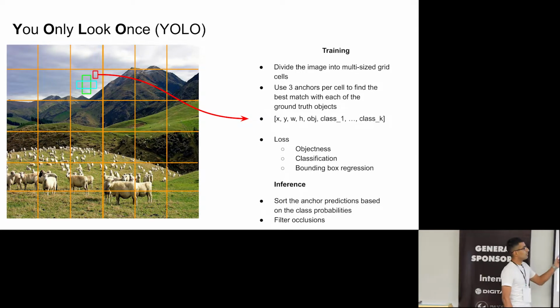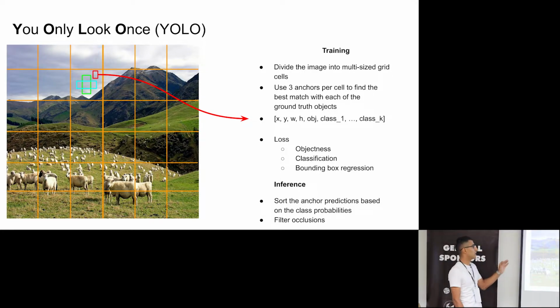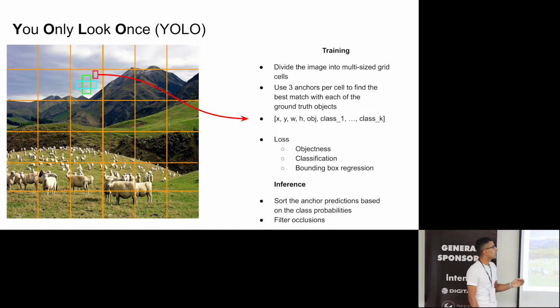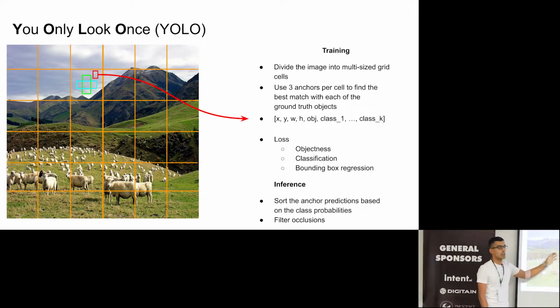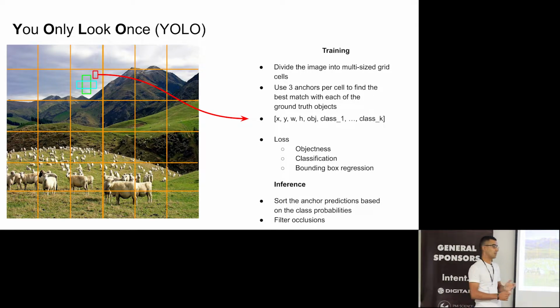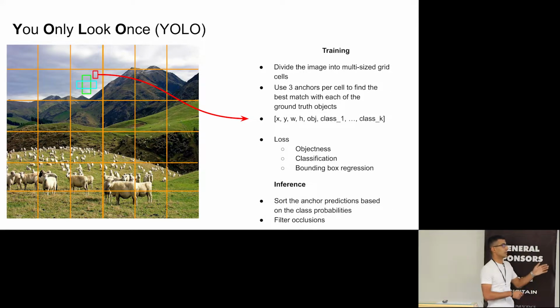And when we do this division, there are some boxes that are called anchors, which are used to help spot objects in the image. During the training process, each anchor gets one ground truth object. When I say ground truth object, I mean real sheep. So we have annotated data, we have the sheep in bounding boxes, and during the training process, these anchors are used to match the real ground truth boxes, and for all grid cells, this process is being done, and for all the typically three stages of scales.